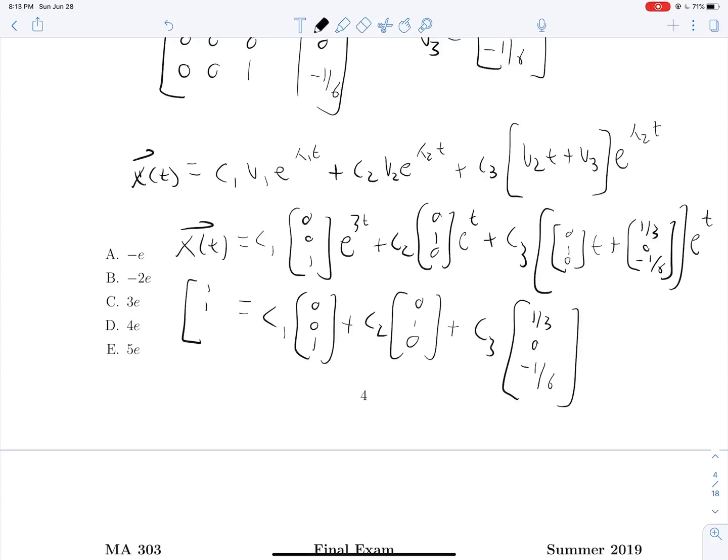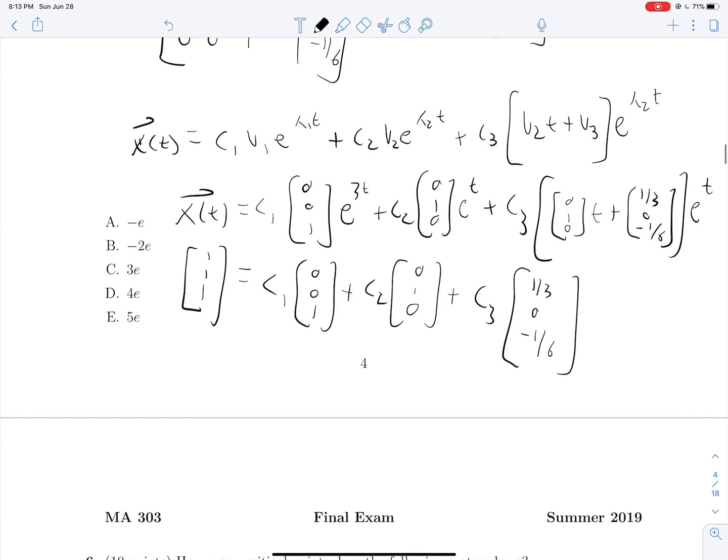And we know that it's equal to 1, 1, 1. Now we can just make this into an augmented matrix. We're taking a linear combination of 0, 0, 1, 0, 1, 0, and 1/3, 0, negative 1/6, and setting that equal to 1, 1, 1.